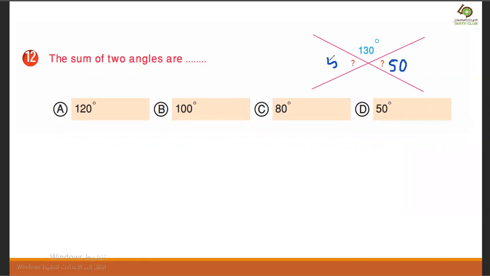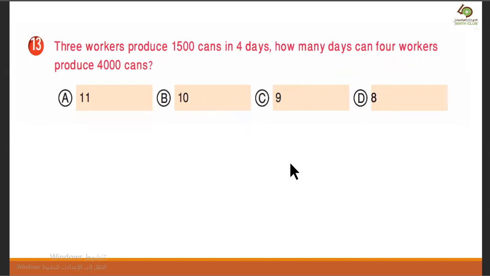Also here, it is 50, right? So the sum of the 2 angles, right, Khalid? Yes, you are correct. You add 50 plus 50, it is 100. Okay, is it clear? Zahra, Yasmin, is it clear? Right. Okay, we will go to another question or 2 questions now.